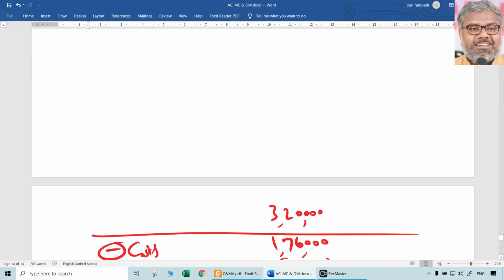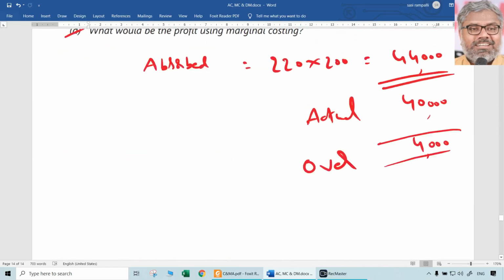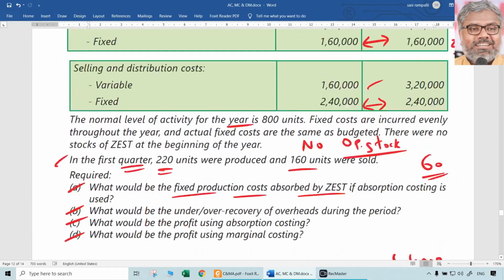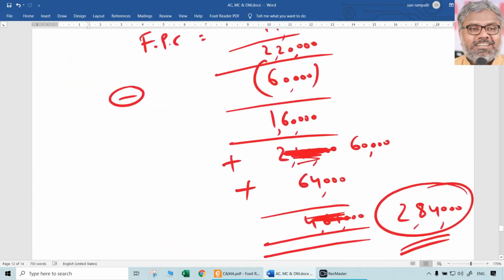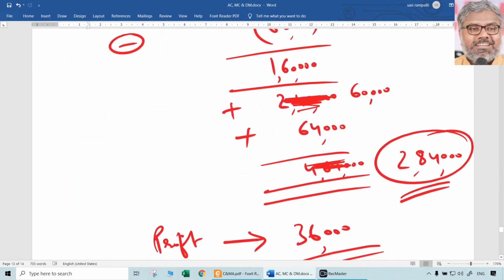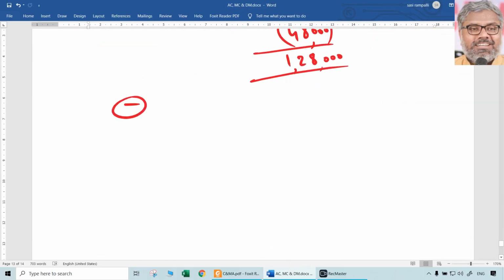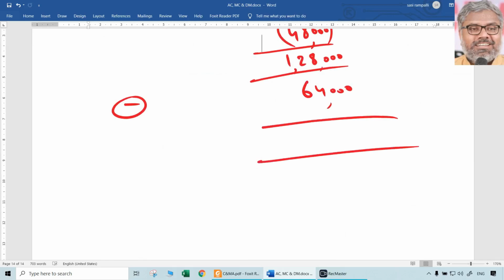From that deduct other variable costs like selling and distribution cost. Variable selling and distribution costs are how much? We already calculated earlier, they are 64,000. That will be the same, 64,000. So what is going to be the contribution now? 128 minus 64, 64,000 is going to be the total contribution.